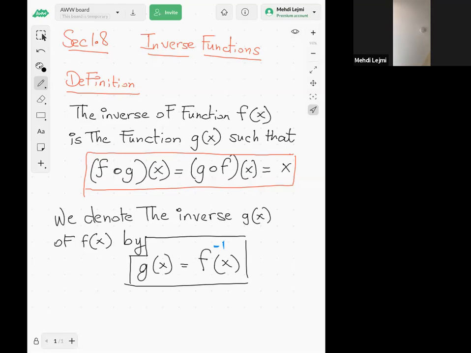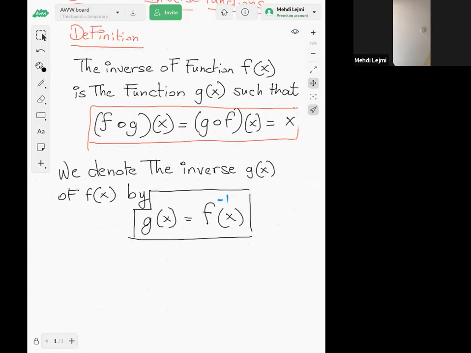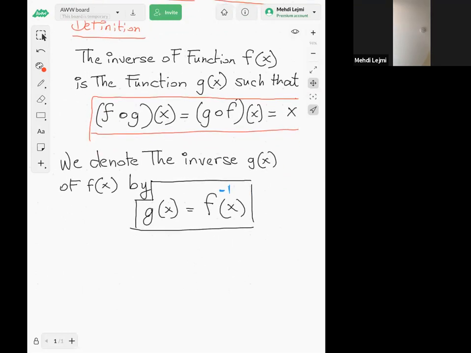And as I said, just be careful. The inverse is not the reciprocal. It's not 1/f. Just be careful here. Thank you, Samira.